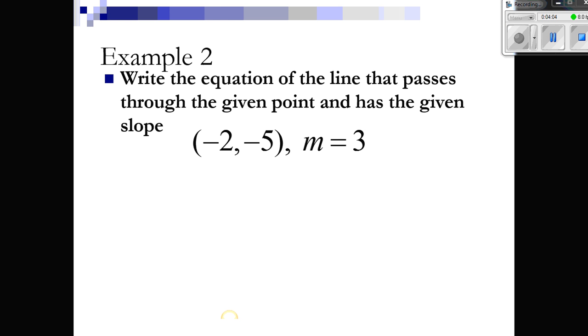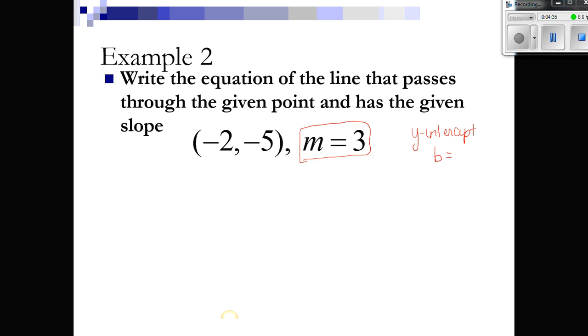Let's go ahead and do example number 2. Now in example number 2, we're given different information. There's no picture. So it says write the equation of the line that passes through the given point that has the following slope. So it has the slope of 3, so we don't need our slope, but the key piece of information that I'm missing is my y-intercept, or my b.